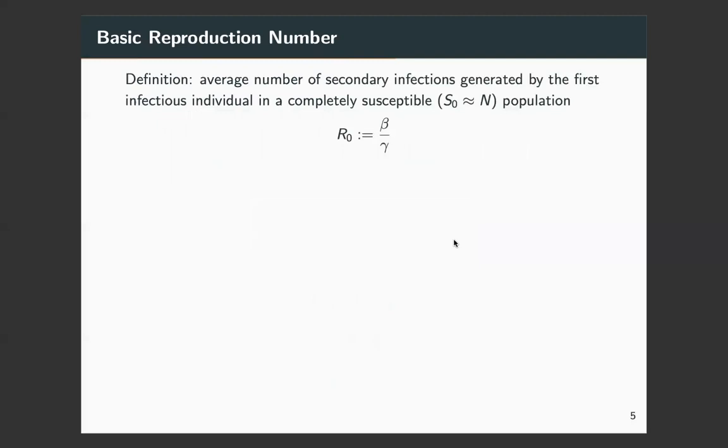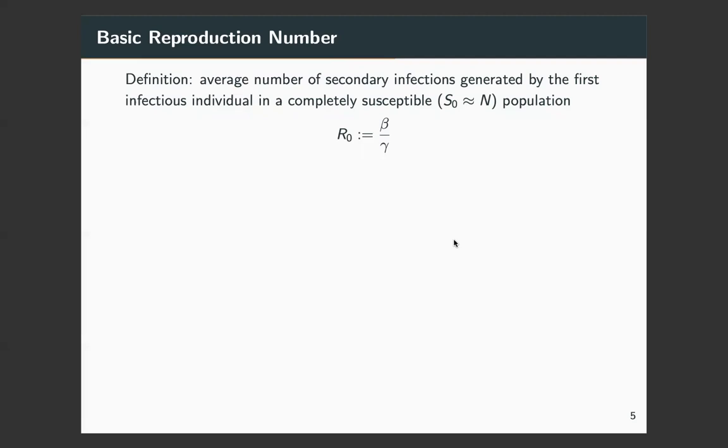Now, let us give the definition of basic reproduction number. The formal definition is that the basic reproduction number is the average number of secondary infections generated by the first infectious individual in a completely susceptible population.